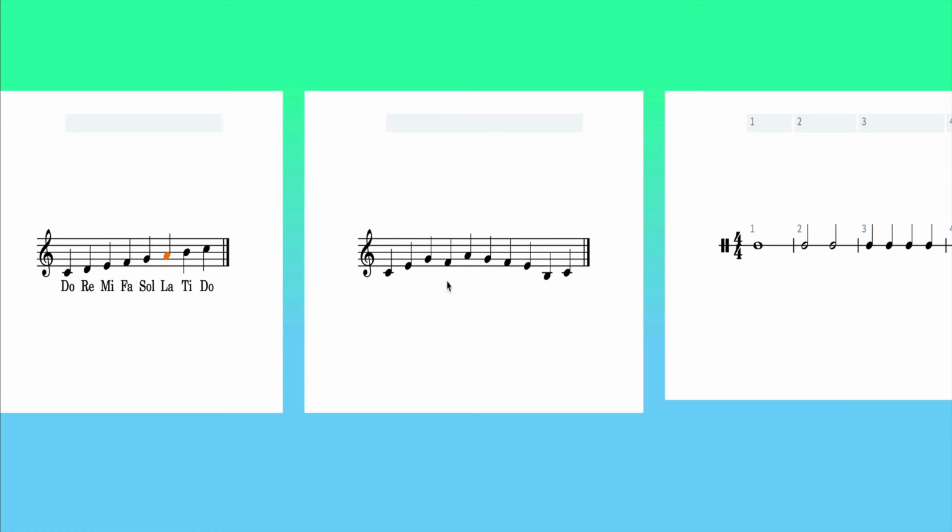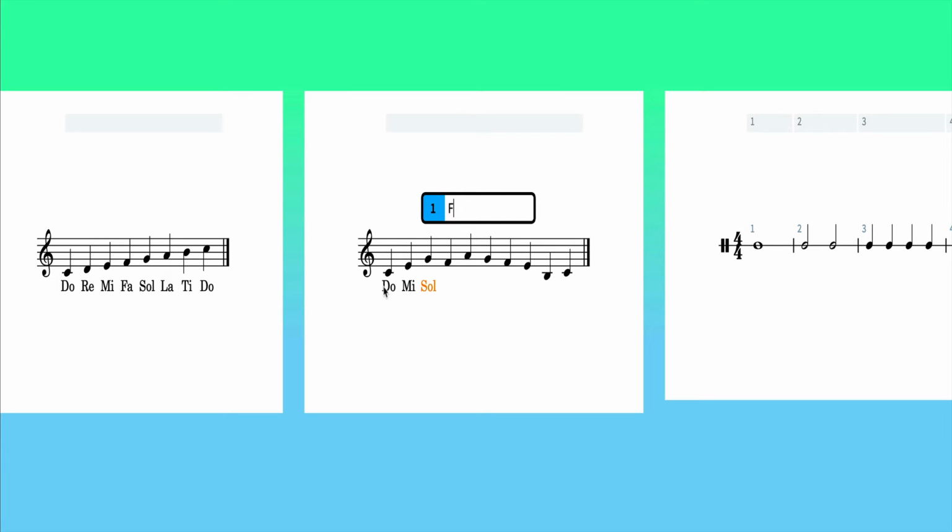Okay, let's take a quick look over here at some notes and put in the solfege. So do is our first scale degree. This one is mi. We skipped over a note. Sol, do, mi, sol.